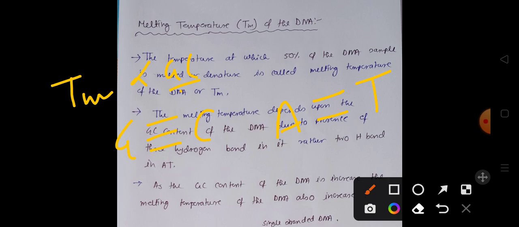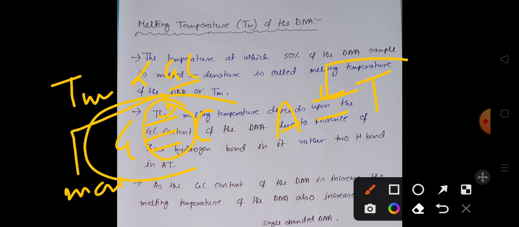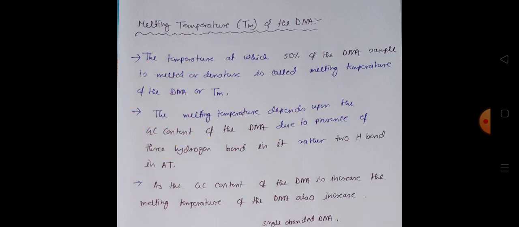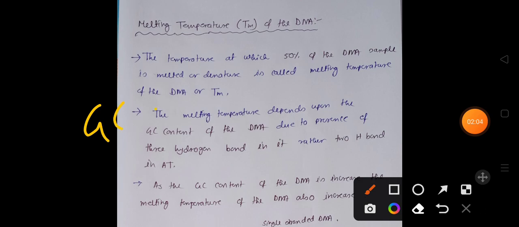And remember one thing, that we need a higher temperature for breaking 3 hydrogen bonds than AT. That is why the amount of GC content in a particular DNA molecule determines the temperature required to break them. So remember, the higher the GC content, the higher the Tm value.